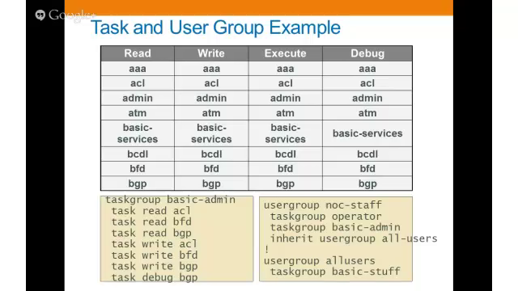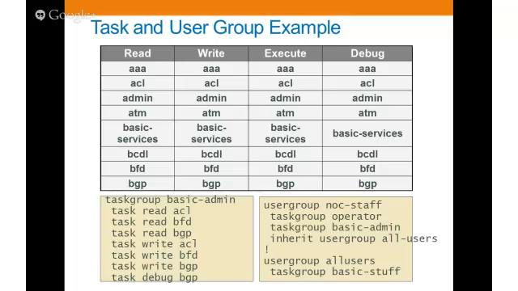Okay, so now one of the examples. In a particular environment, you would always want some users to have a certain level of access while others have a different level of access. That is why you've got those tasks: read, write, execute, and debug. Now you create different user groups based on the task that is required.